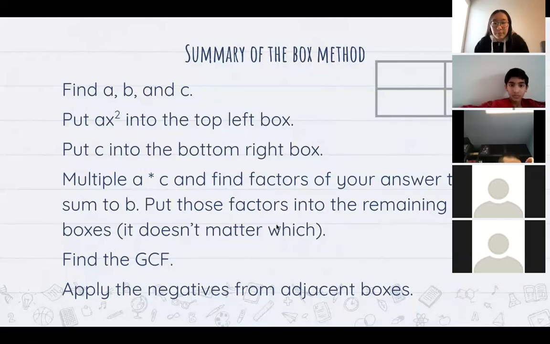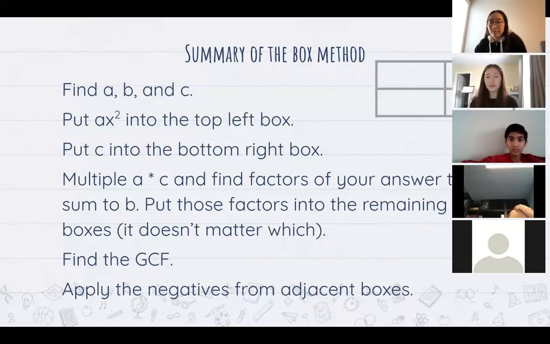How do you find the greatest common factor once you've put all your values in? Maybe we should do a tiny bit of practice with that. It's almost the same as asking what's the greatest common factor between 6 and 8? 2. How did you do that?